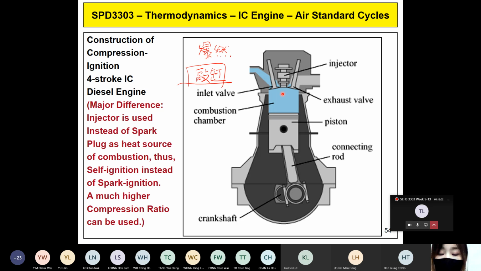That's the major difference between the gasoline engine and the diesel engine.